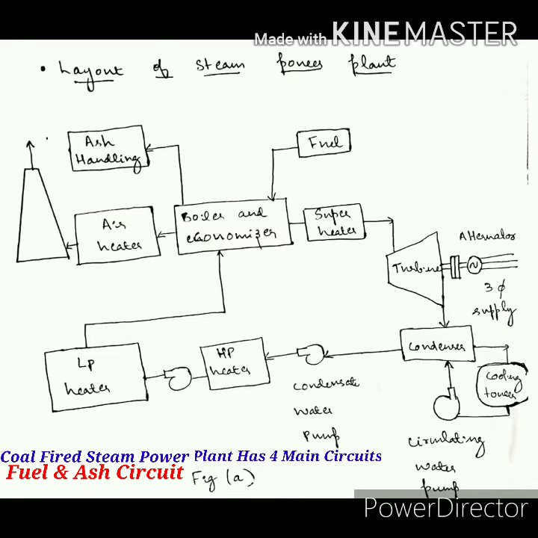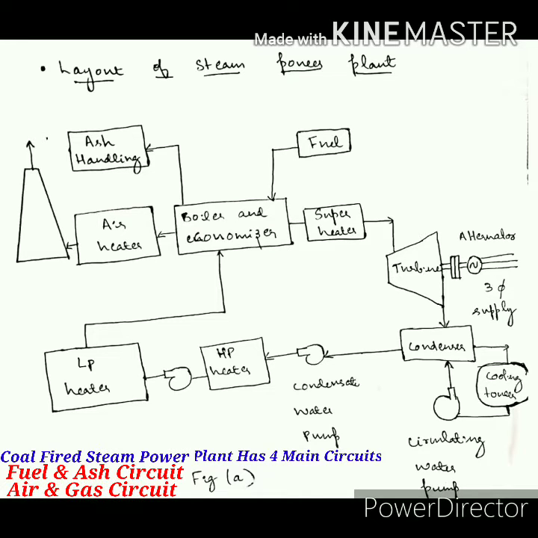Therefore, before giving it to the boiler, coal has to be passed through crushers, sizers, dryers, and magnetic separators. As a result of combustion, ash is produced from the coal fuel, and thereafter it is removed from the boiler through ash handling equipment. In detail, we are going to study the ash handling equipment further.